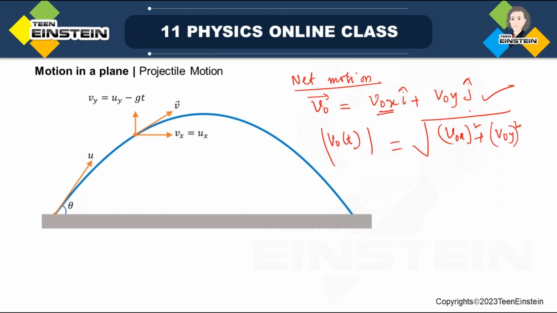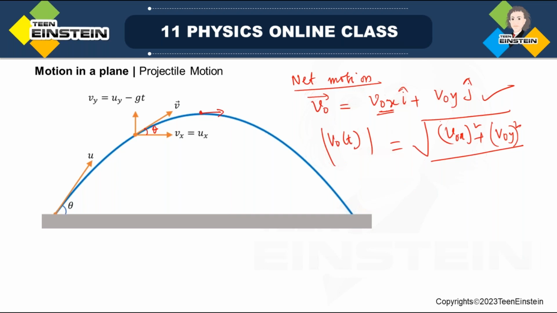And this is the formula. Now see, if we want to find out the angle the velocity vector makes with the horizontal at this particular position, how to find out? That can be a question.